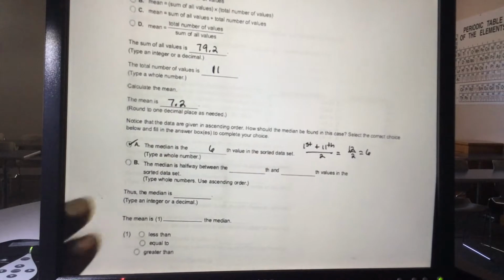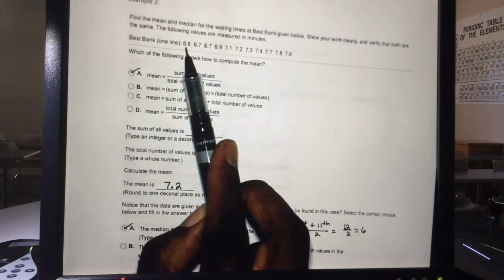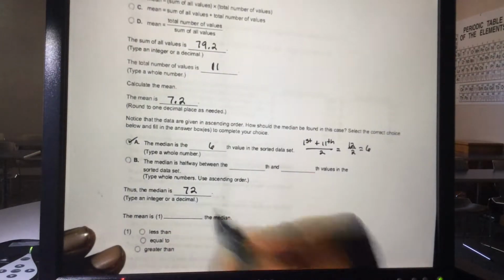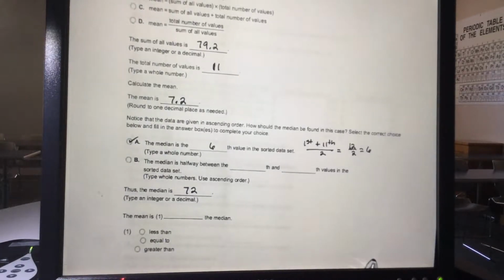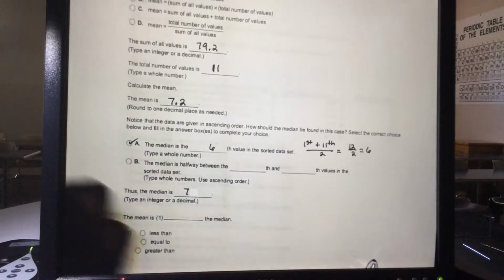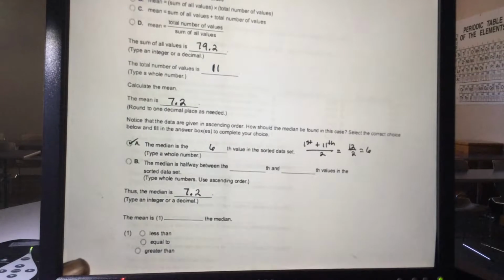So here the median will have to be, what's the 6th number in that data set? Well, let's count: 1, 2, 3, 4, 5, 6, which is going to be 7.2. So 7.2 will be your median.